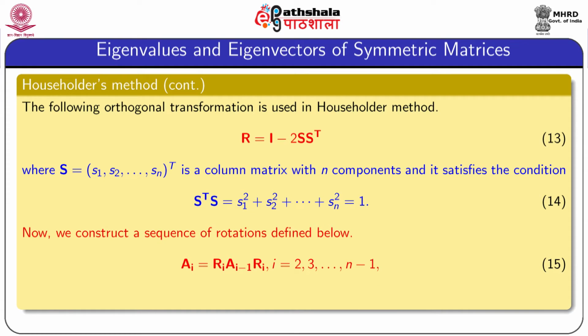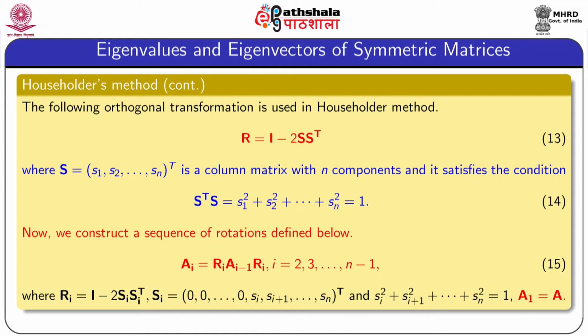So this is the sequence of rotations applied on the given matrix A, where the rotational matrix Ri equal to I minus 2 Si Si transpose, where Si, that means the ith orthogonal transformation vector, is equal to (0, 0, up to 0, s(i+1) to sn), that means the first i minus 1 elements are 0 and the next elements, s(i+1) to sn, are not necessarily equal to 0.